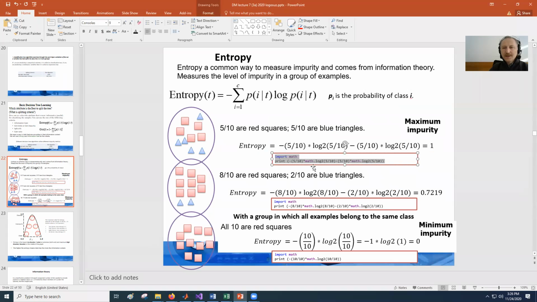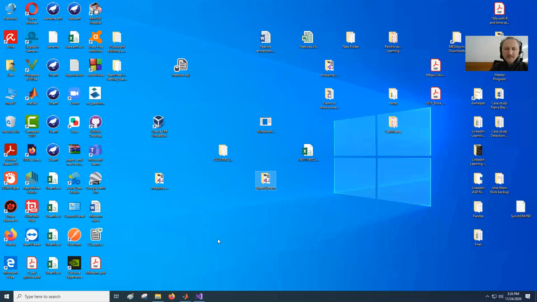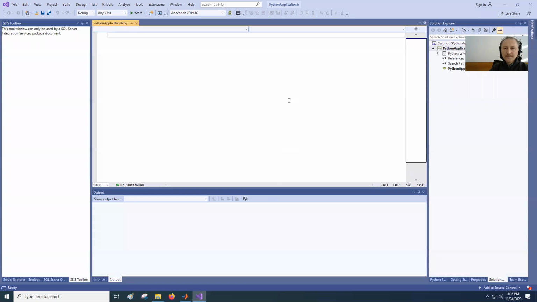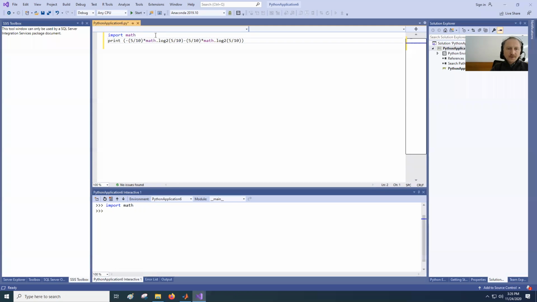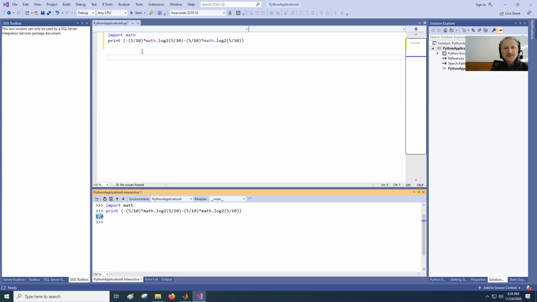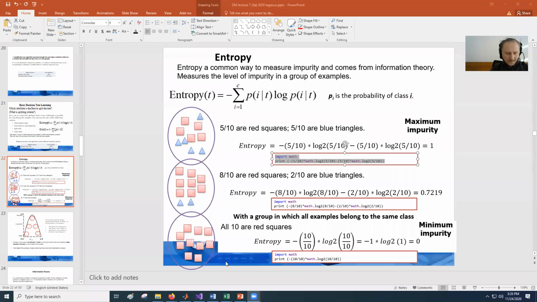For example, in Python, you can do this calculation. Control enter. If you know how to use Python, you can make this calculation, and the result is 1.